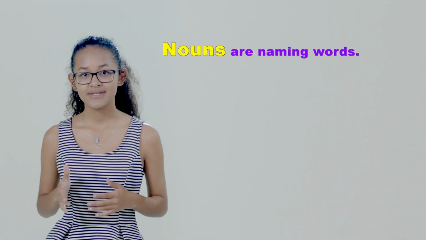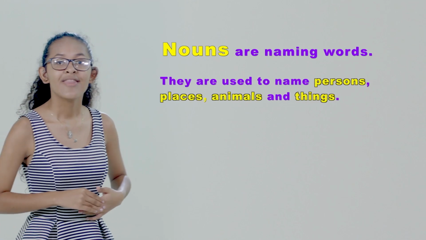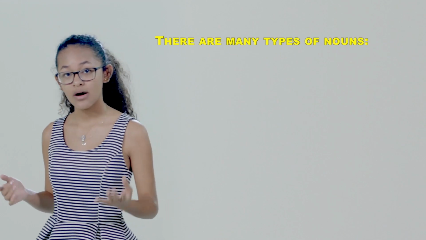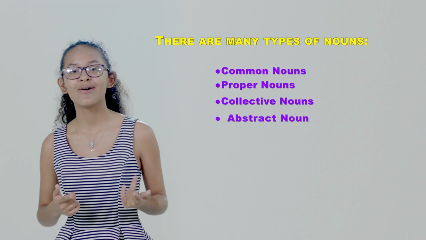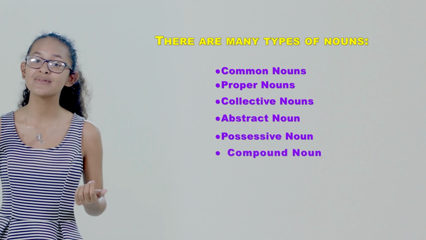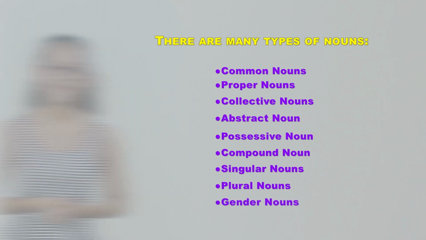Nouns are naming words. They name persons, places, animals, and things. There are many types of nouns: common nouns, proper nouns, collective nouns, abstract nouns, possessive nouns, compound nouns, singular nouns, plural nouns, and, of course, gender nouns.